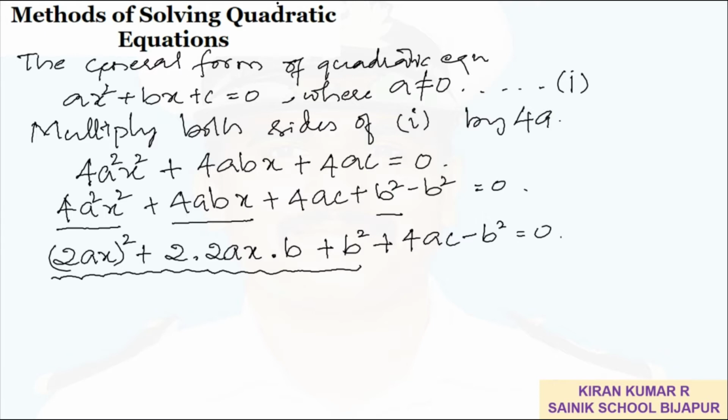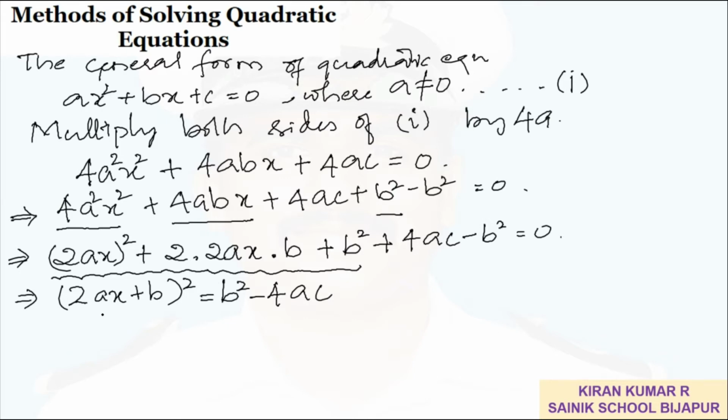So I can write this particular thing as 2ax plus b whole square equal to, I'll transpose these two terms to the right hand side, b square minus 4ac.